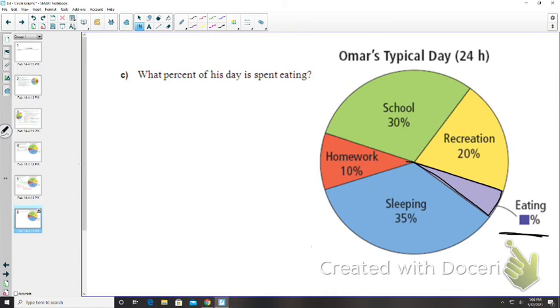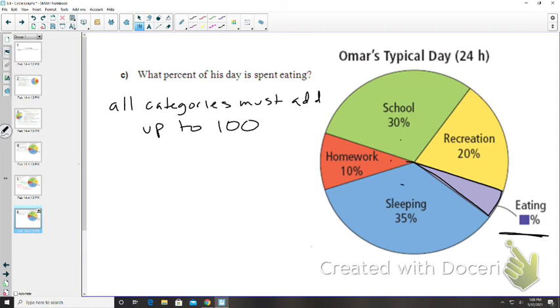But remember, with this being a circle graph, all categories must add up to 100. So if we know 4 of the 5 categories, we can calculate the proportion of that last category.